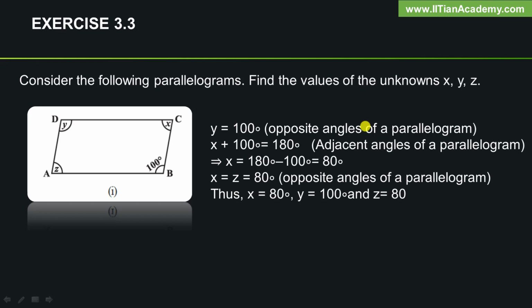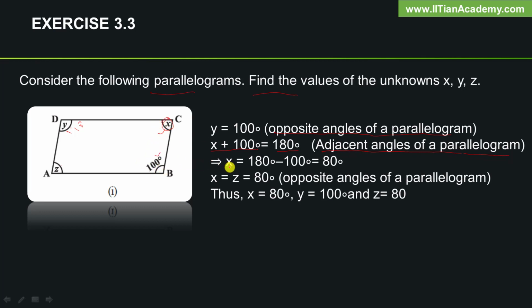Question 2a. Here, knowledge of parallelogram and its diagonal properties is used. In this question, we have to find x, y, and z. We can see y equals 100 degrees, since these are opposite angles of a parallelogram. Now, x plus 100 equals 180, since these are adjacent angles of a parallelogram.